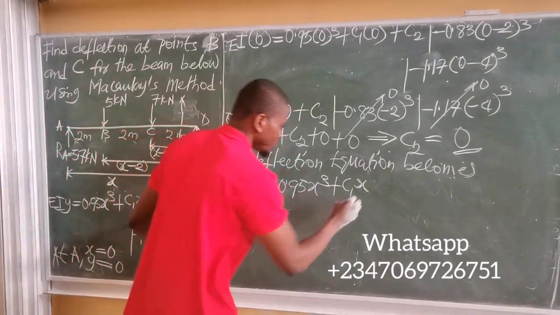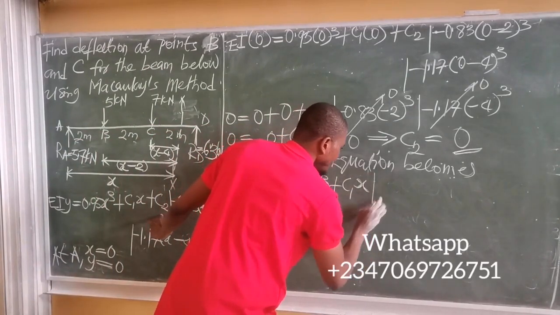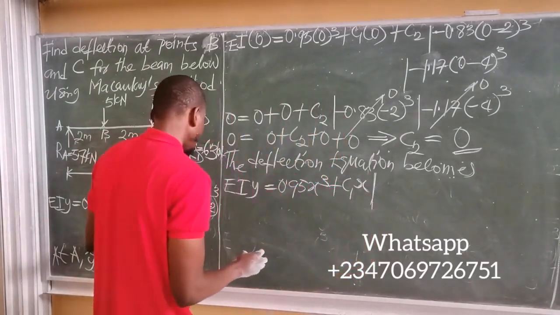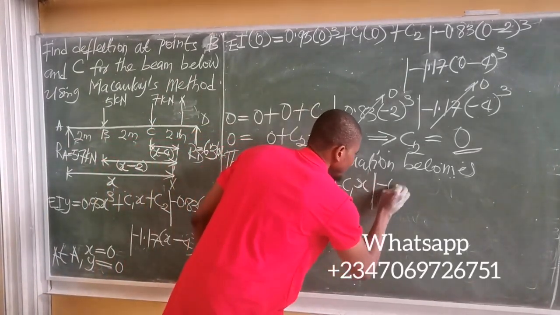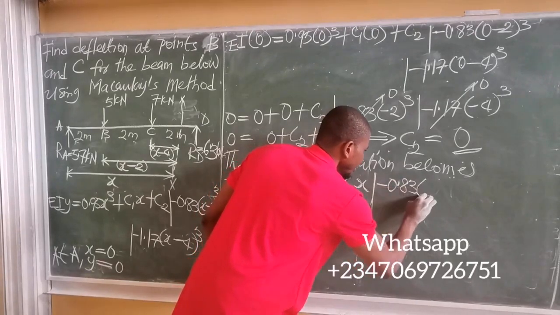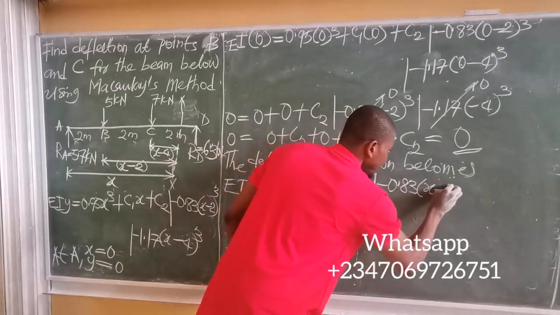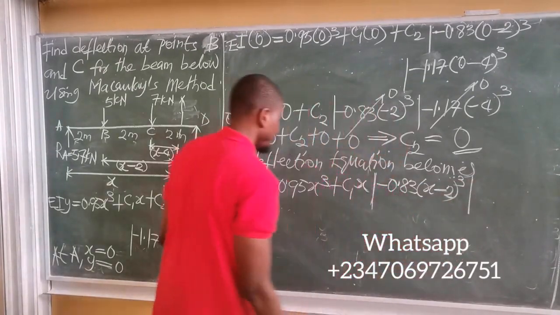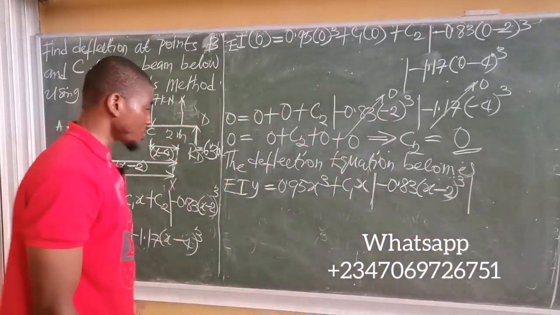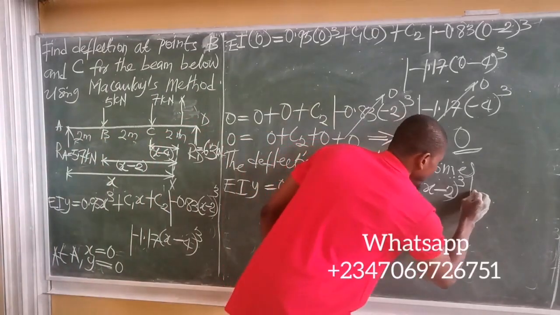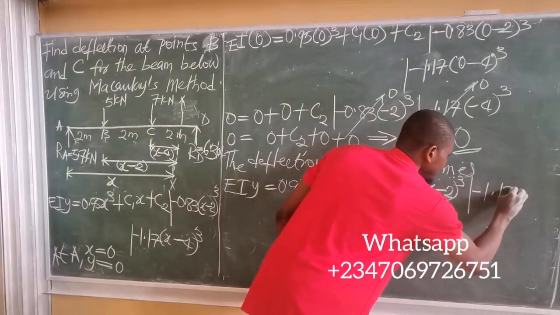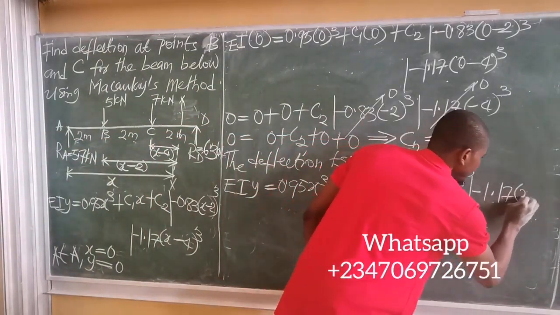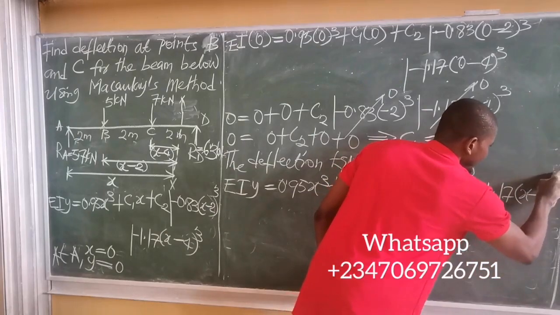So we put down your Macaulay's bracket, minus 0.83 into x minus 2 all to the power of 3. Put down your Macaulay's bracket, minus 1.17 into x minus 4 to the power of 3.